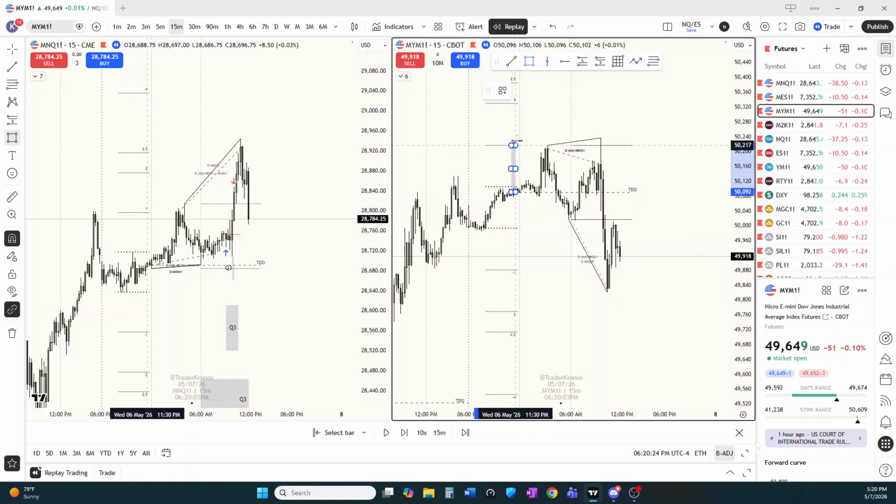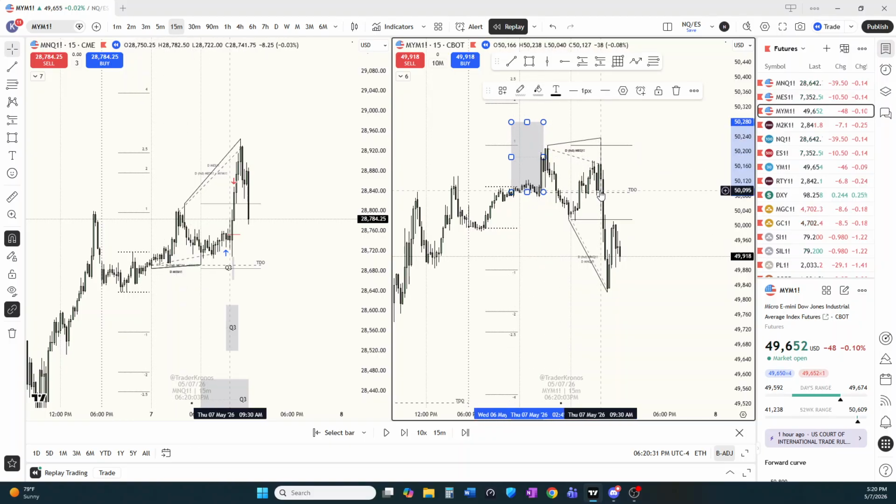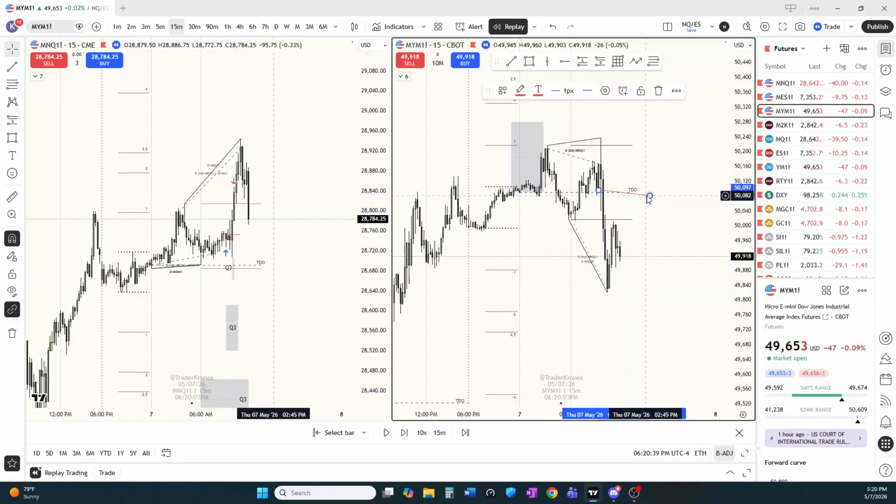It occurred at the 0 to 1.5. So as soon as we close below this, could be short here, because this is where we put in the manipulation. This is higher probability.